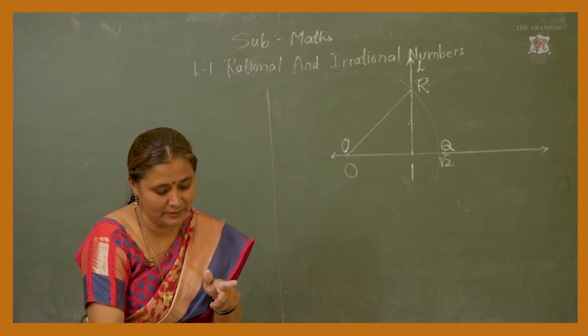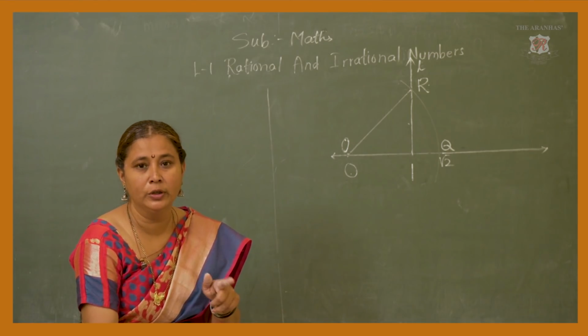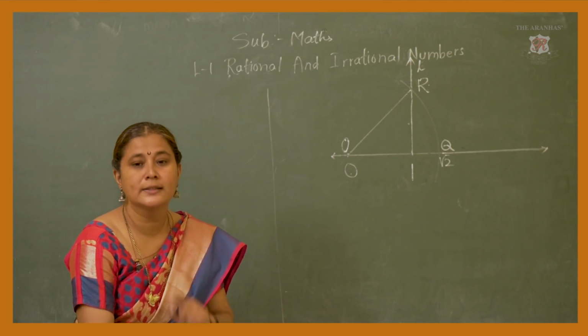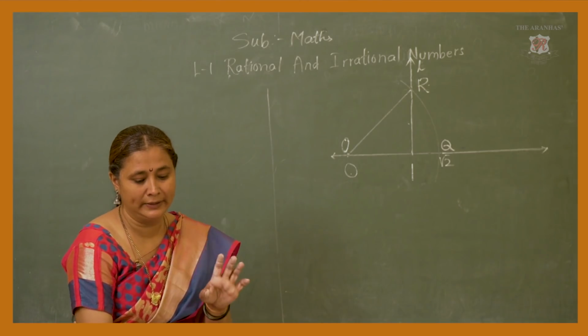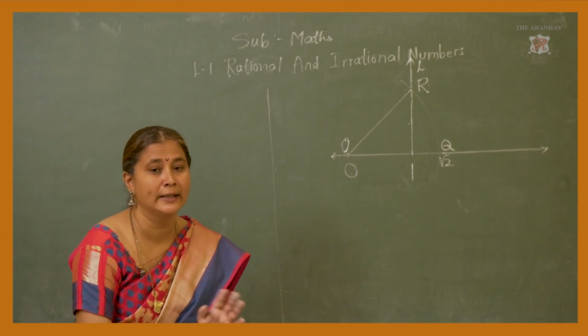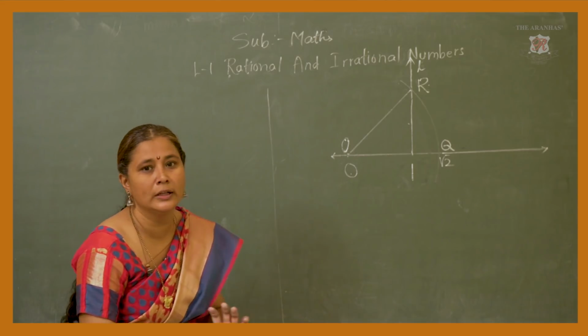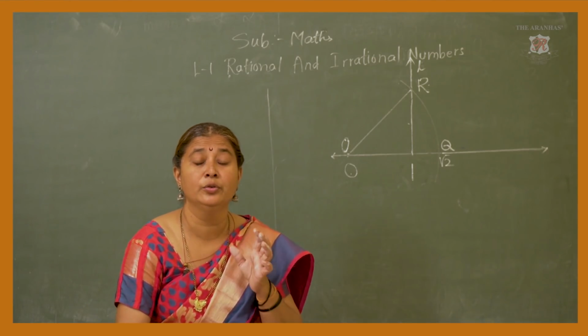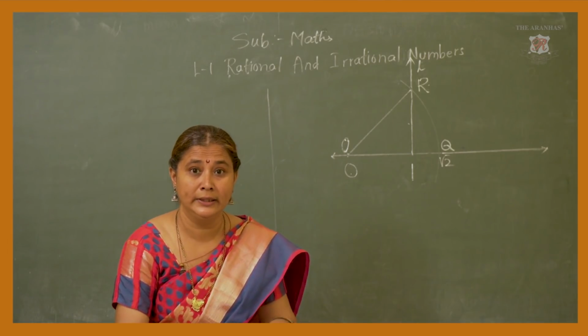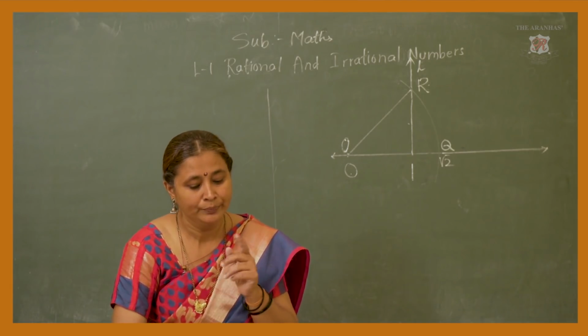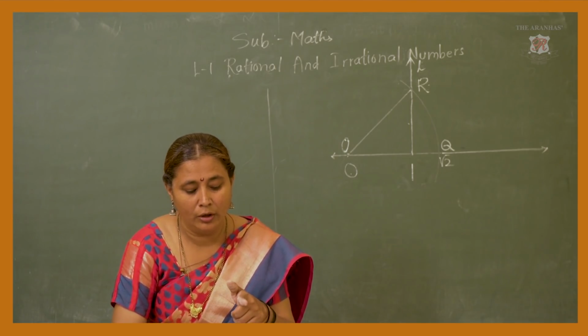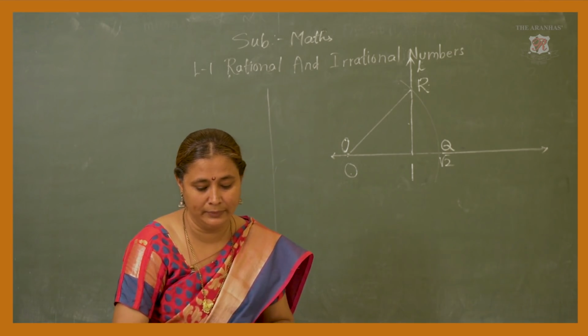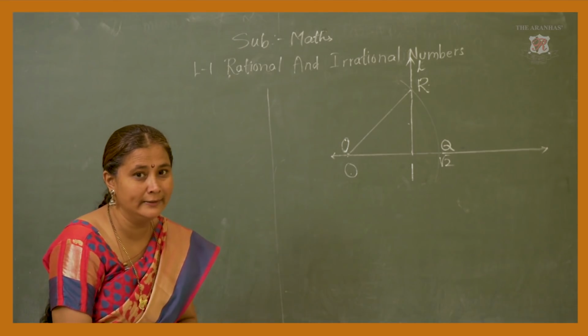Open your book page number 6 and see the activity and observe the figure simultaneously, and concentrate on the board also. Now, see the first point, how we have to solve the activity. In the activity we have to write these points also. The point Q on the number line shows the number dash, it is written in that way.